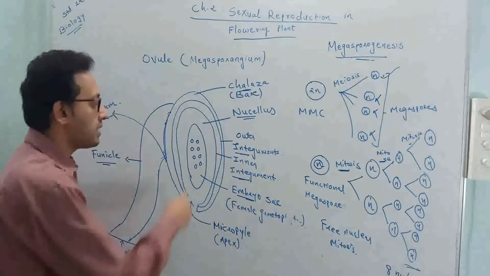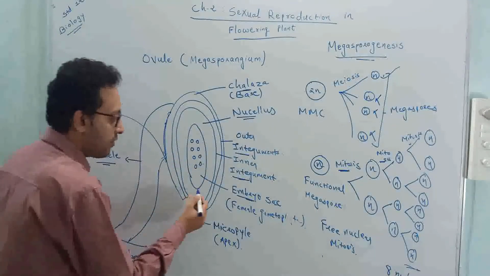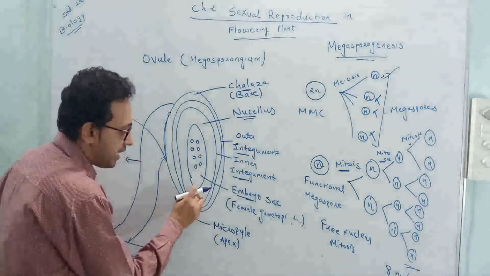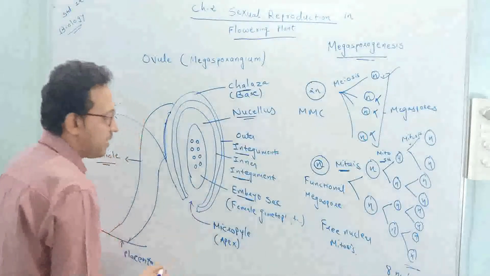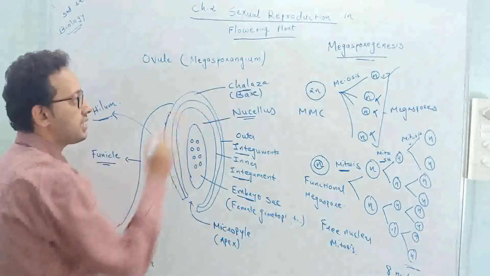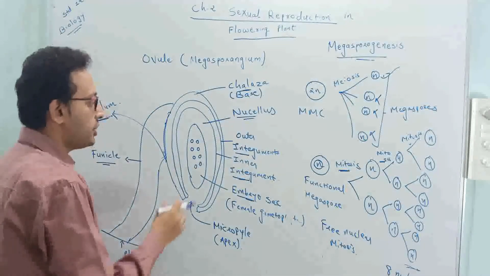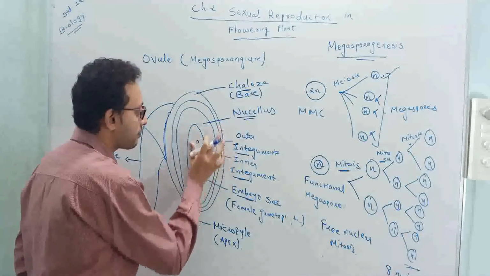Now what happens? These 8 are over there. The end towards the micropyle is called the micropylar end. The end towards the chalaza is called the chalazal end. These nuclei get organized.